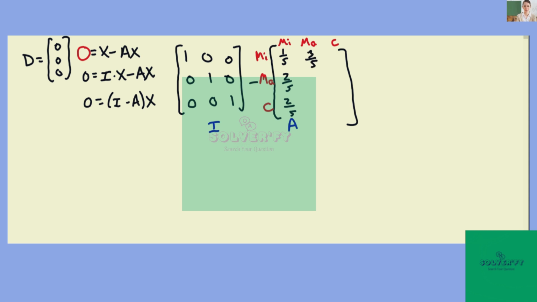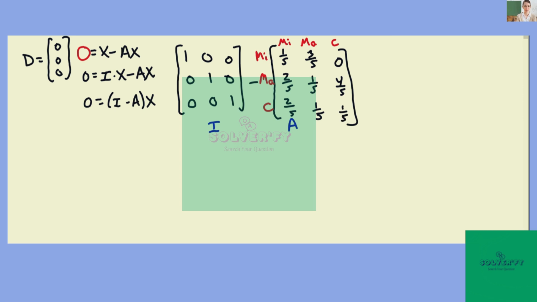How about manufacturing? 1 unit of manufacturing gives us a column of 3/5, 1/5, and 1/5. And our third column, 1 unit of communication, requires no mining, 4/5 a unit of manufacturing, and 1/5 of a unit of communication.